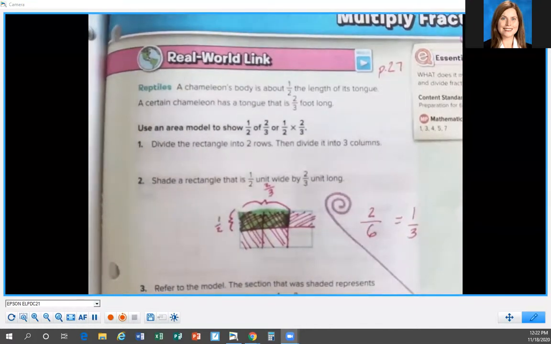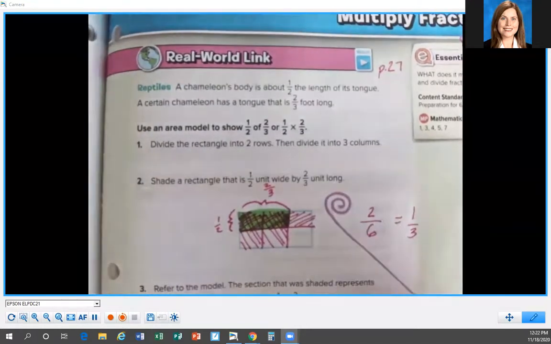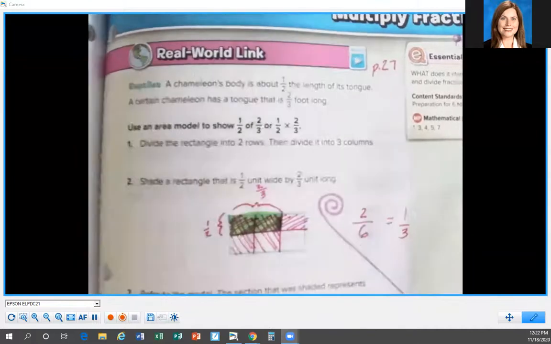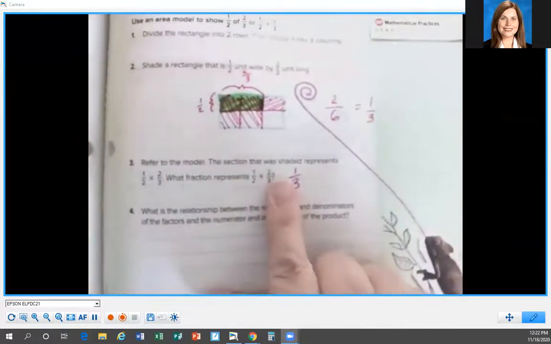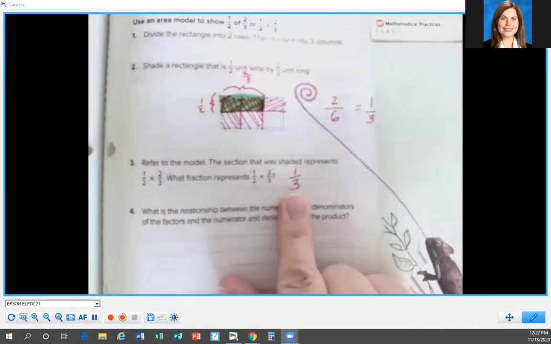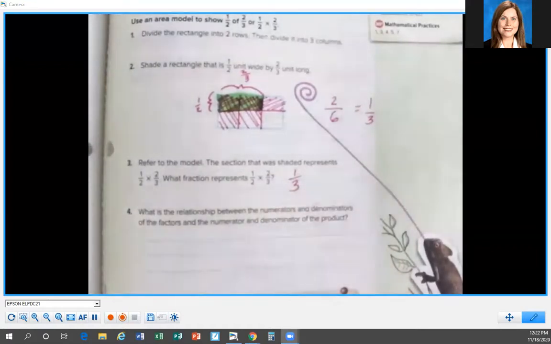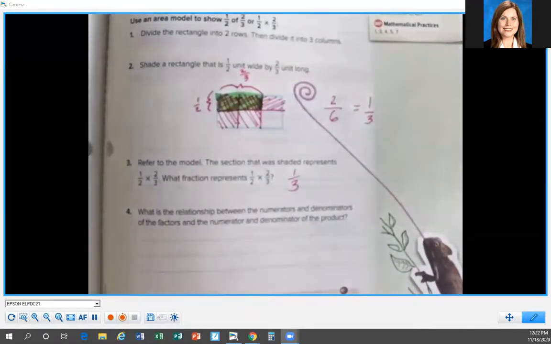So which fraction represents 1/2 times 2/3? Well, we just answered that. It's 1/3. Okay, then number 4, what is the relationship between the numerators and denominators of the factors and the numerator and denominator of the product?